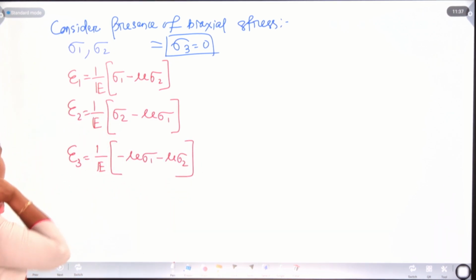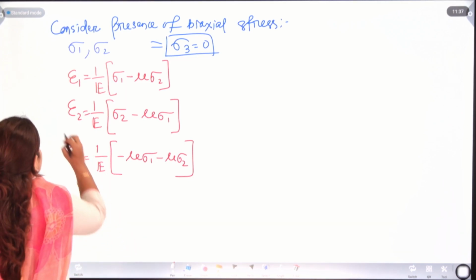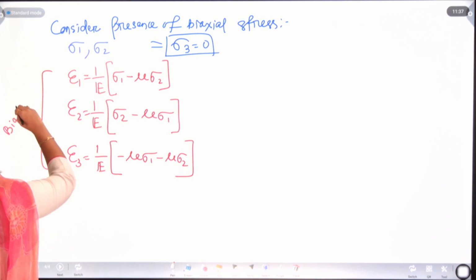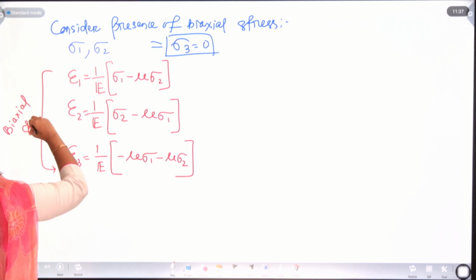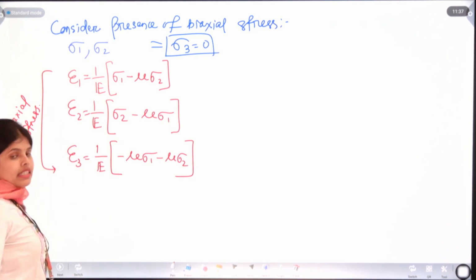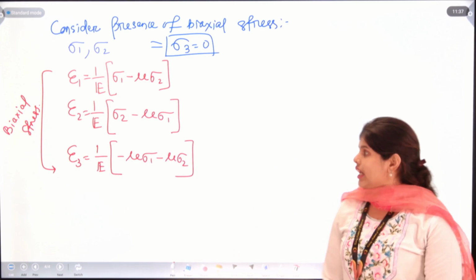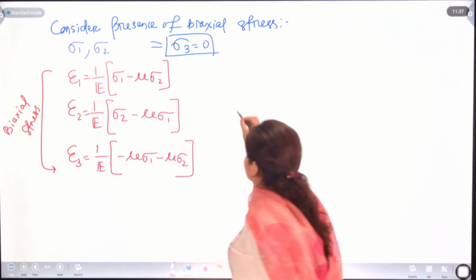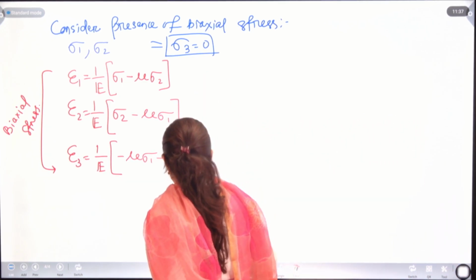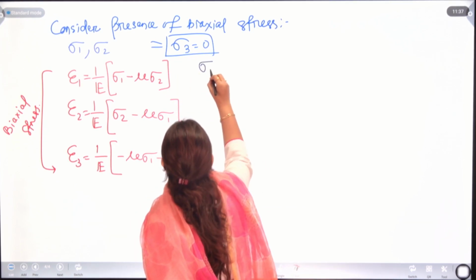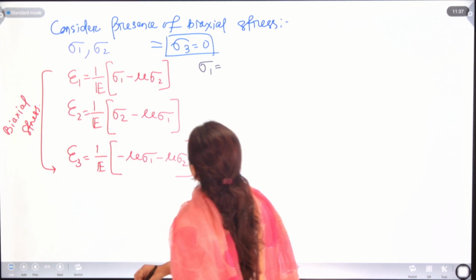So, here we have those values in case of biaxial stress. We are talking about biaxial stress, that means we only have sigma 1 and sigma 2.